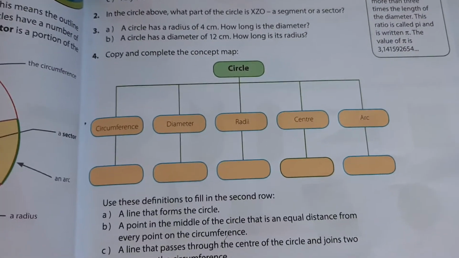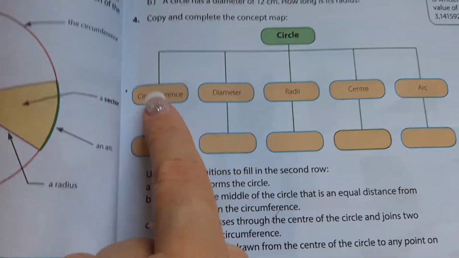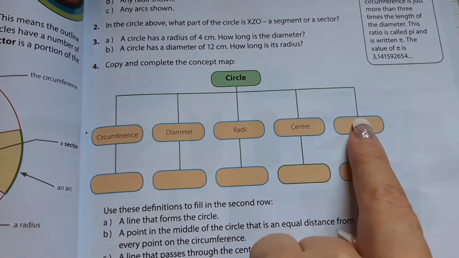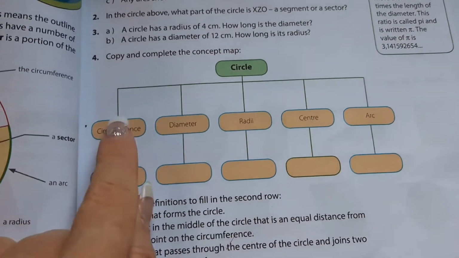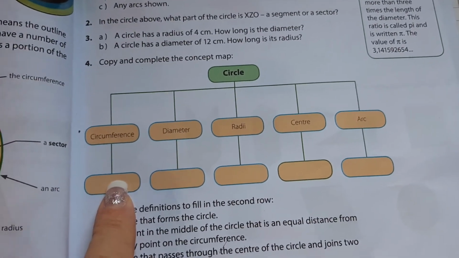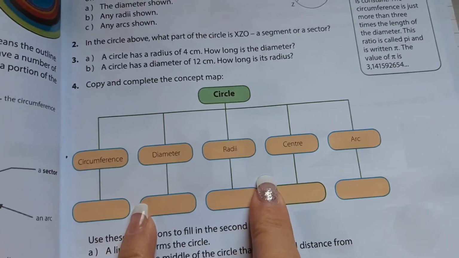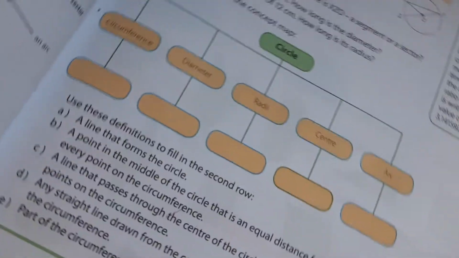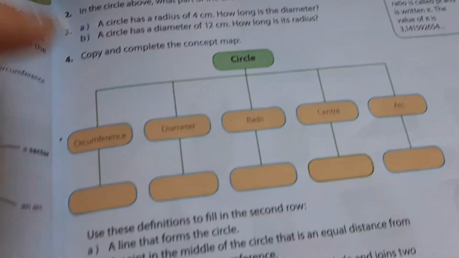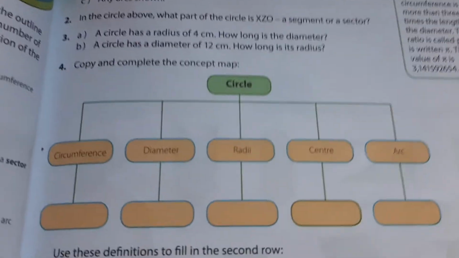And then number 4, this is almost like a family tree. A circle has these different sections, and now you have to describe what is the circumference. So take your exercise book, and when you do this, turn the book sideways so that you have enough width to create this family tree.